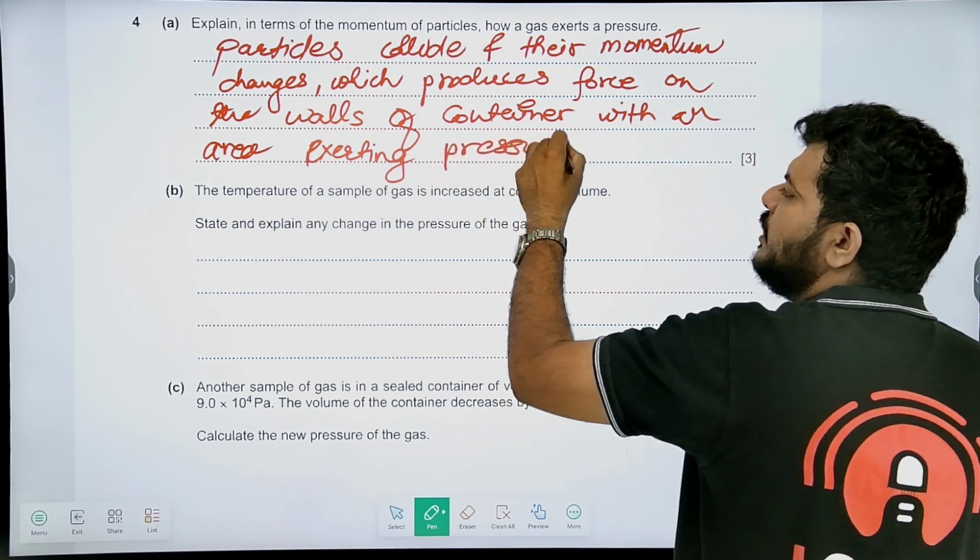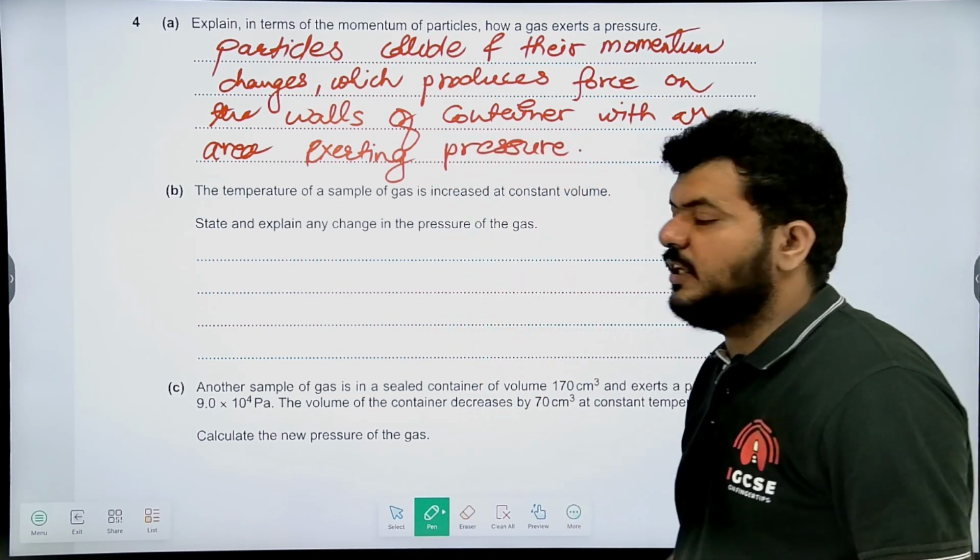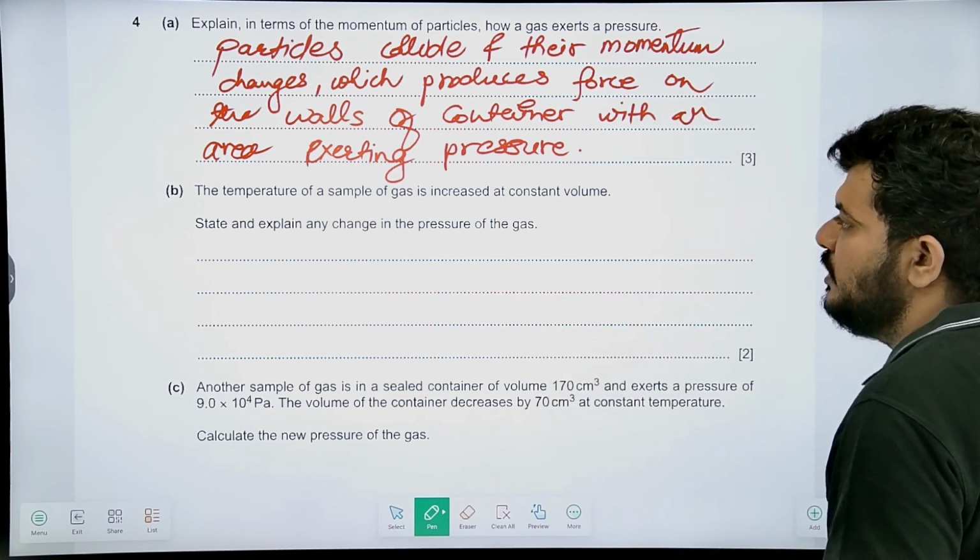So change in momentum, force, and this force per unit area is pressure. Those are the keywords over here.